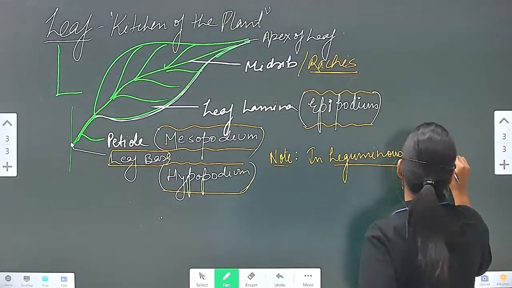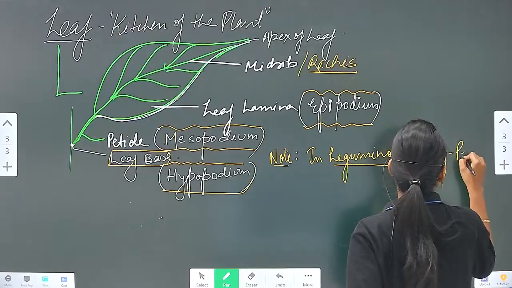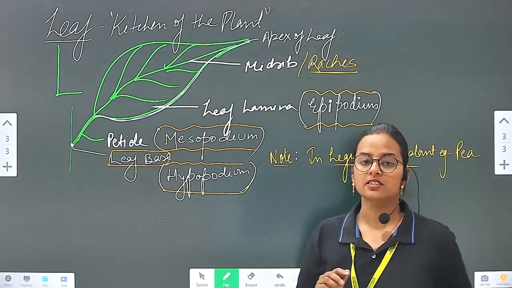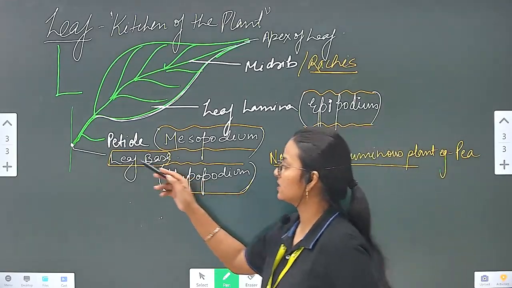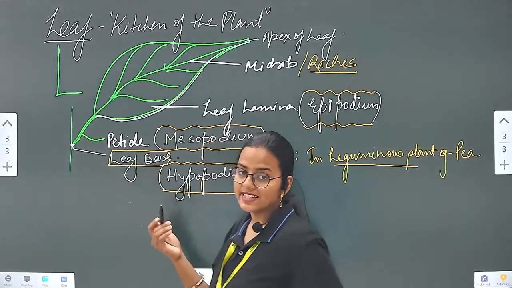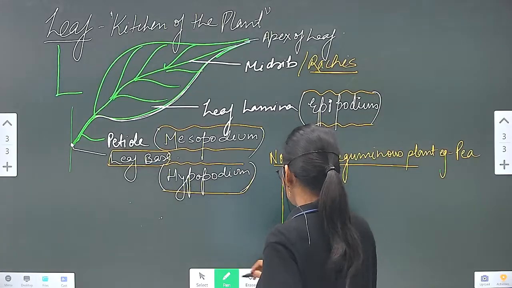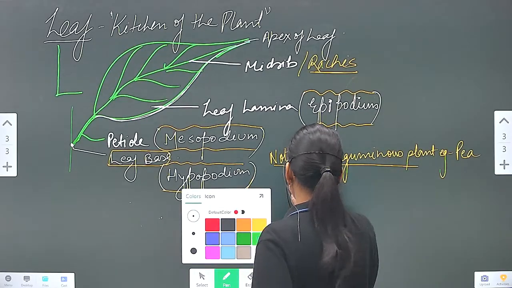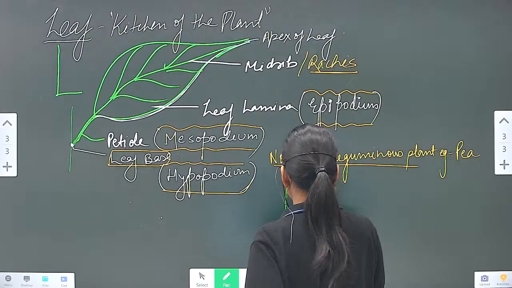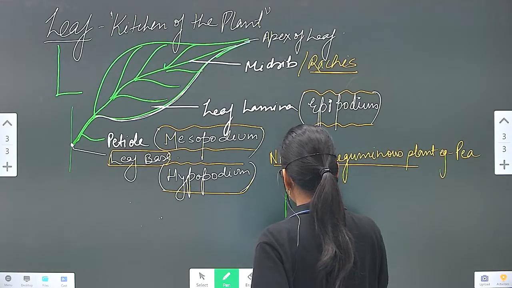Alright, example, pea. In the leguminous plant, see this leaf base, the leaf base gets swollen. How does it look like? See, if this is the leaf base, the leaf base gets swollen.